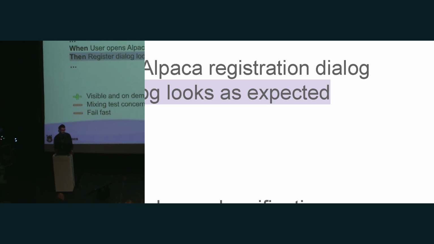Let's say at the same time we have bugs in layout and in functionality. In this case, until we fix the first step, the actions related to the application where we open the dialog, we won't see the results of the visual verification.